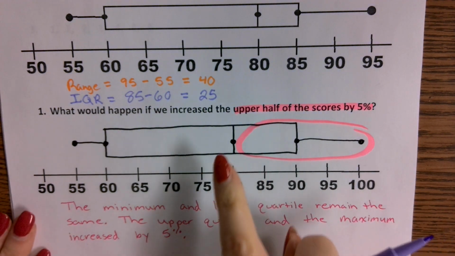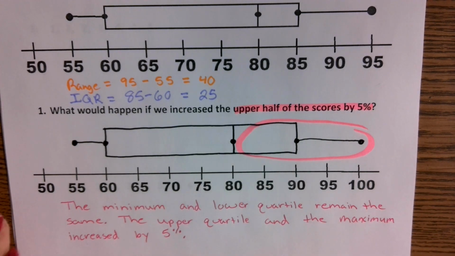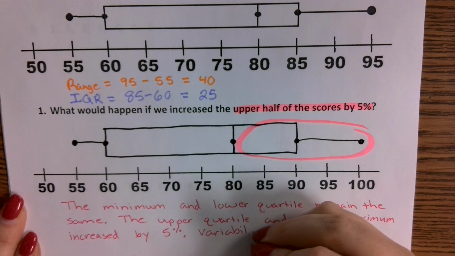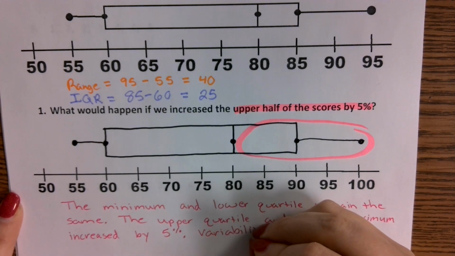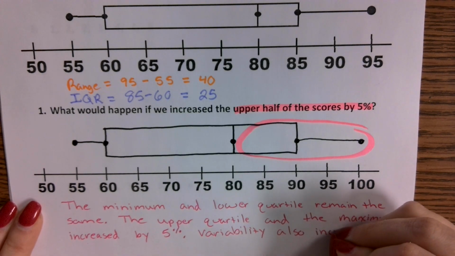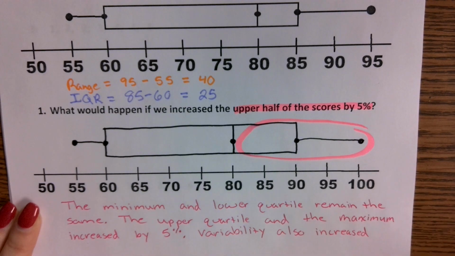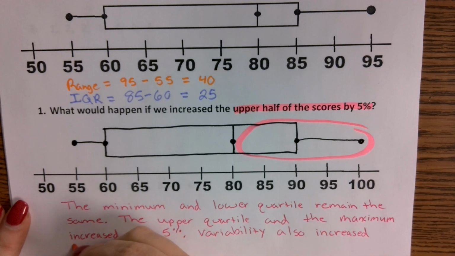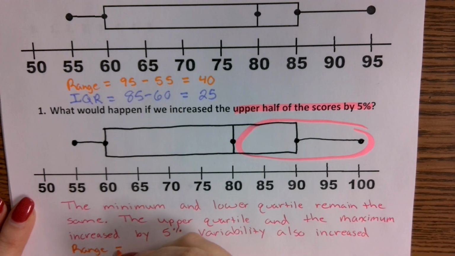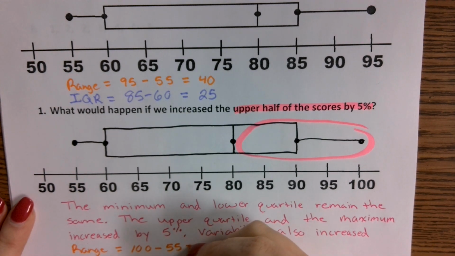But now when I look at my new data, that's different. Okay? My variability has changed. It also increased. If we now look at what the range is, the range still started at 55, but now it spans up to 100. So instead of doing 95 minus 55, we're going to do 100 minus 55, and that goes to 45.